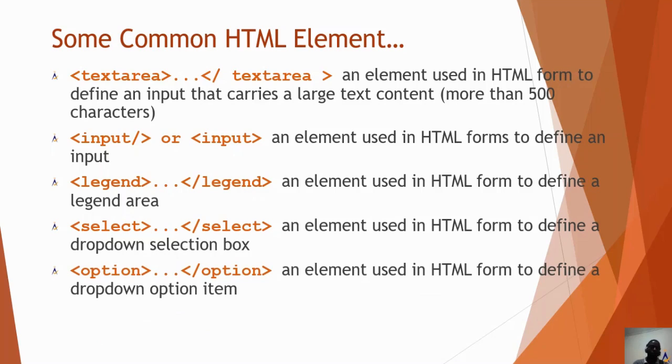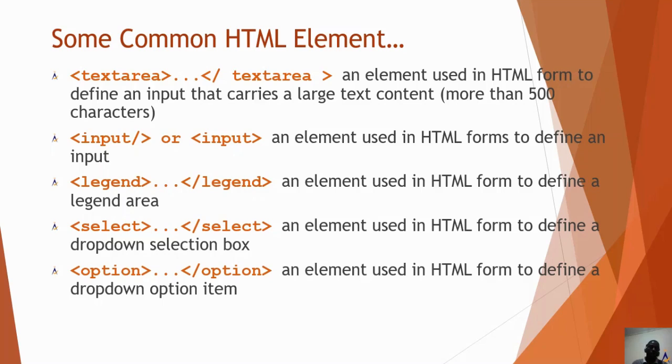So these options belong to the selection box, but you can note that in some applications you can find there are groups of options. Let's say we have groups of animals, let's say cow, goat, pigs. Those are groups of animals.